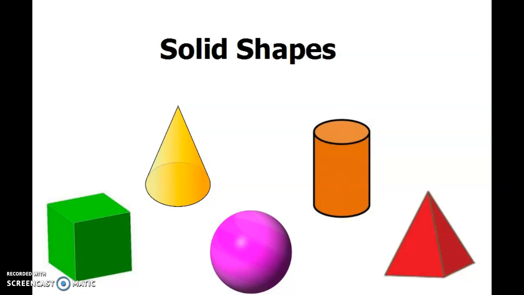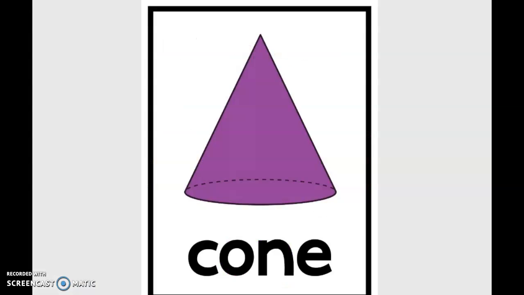Our first one we're going to talk about is a cone. Has anybody ever seen anything that looks like a cone? Mrs. G thinks of something that has to do with summer, and I usually go to Dairy Queen for one. What do you think it is?